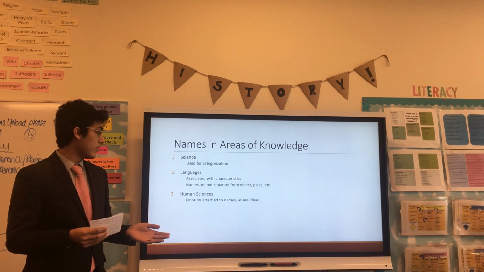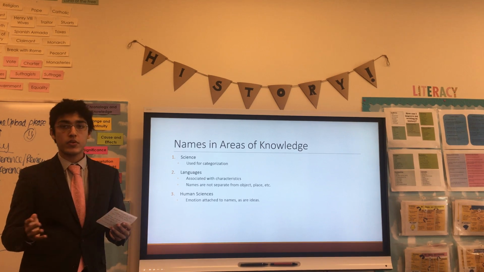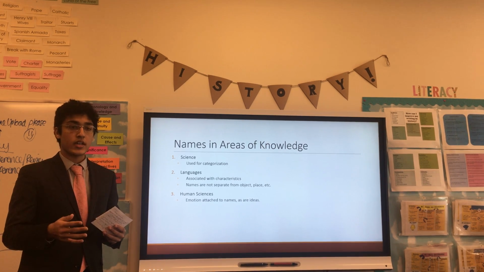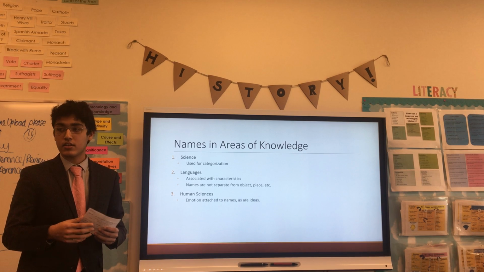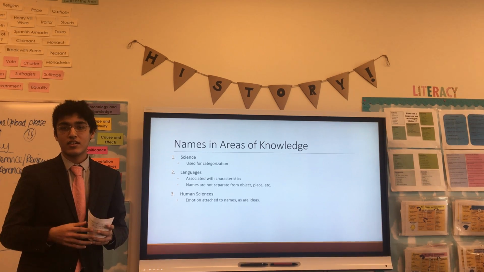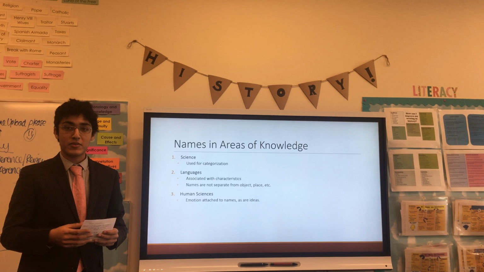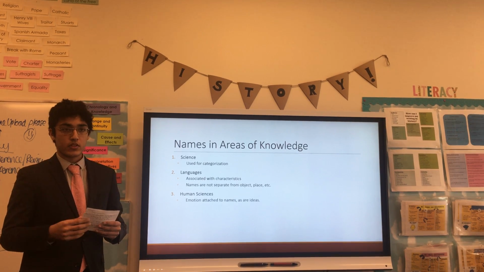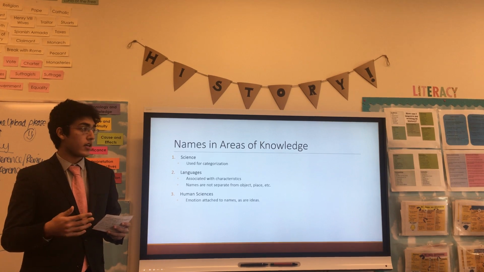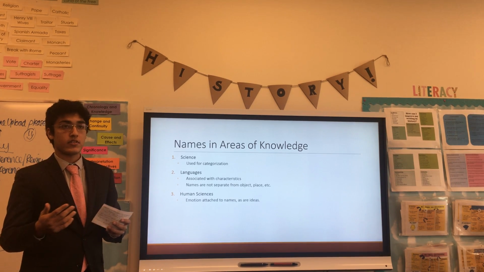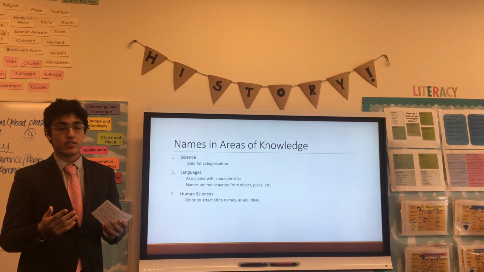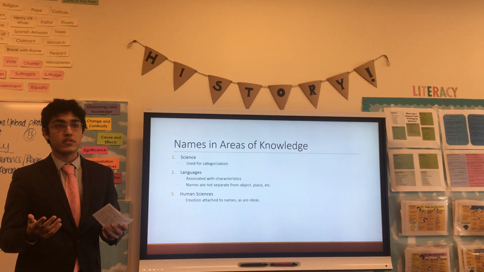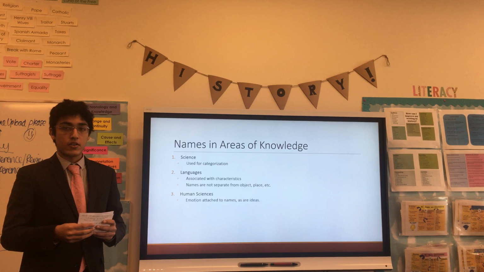And in the human sciences, along with names, you can attach emotion or further meaning to a name. For example, Mumbai can mean more than just what the name suggests, carrying emotional value to people who live there, etc.